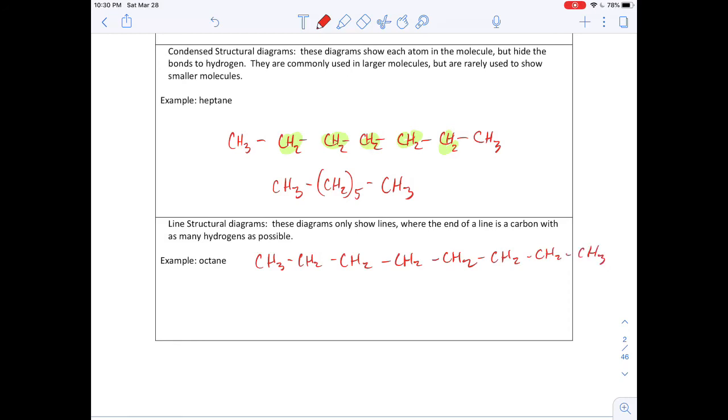So instead each carbon is the end of a line. This is 2 carbons, 3, 4, 5, 6, 7, 8. Each of these carbons is represented at the end of a line: 1, 2, 3, 4, 5, 6, 7, 8. And that's a line structural diagram for octane.